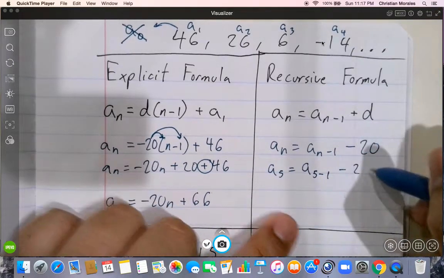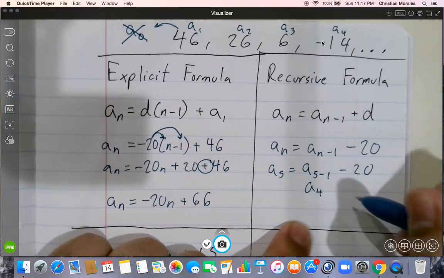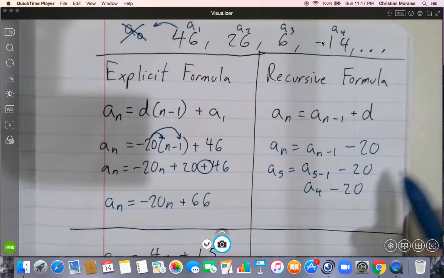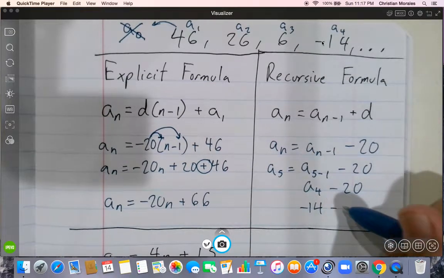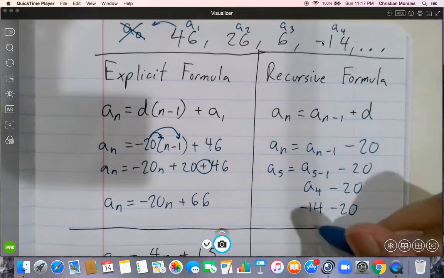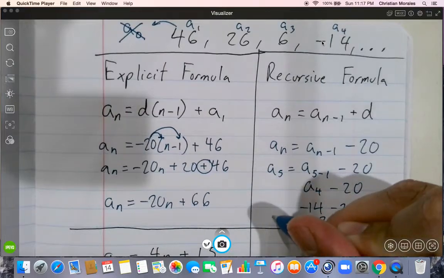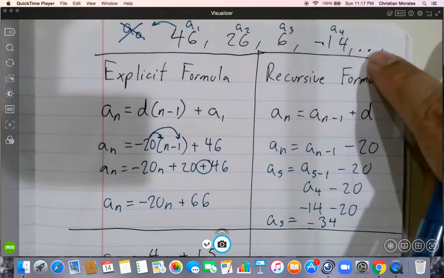Oh, wait a minute. What's a5 minus 1? A4. Wait, what's A4? Negative 14. So how do you find the next number? Negative 14 minus 20. What's negative 14 minus 20? Negative 34. So A5 is negative 34. That would be the next number on the list.